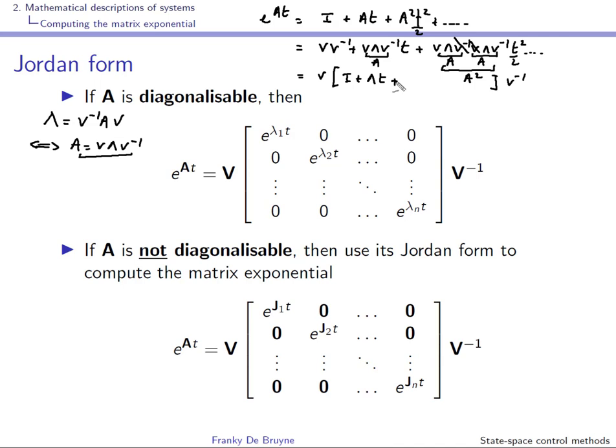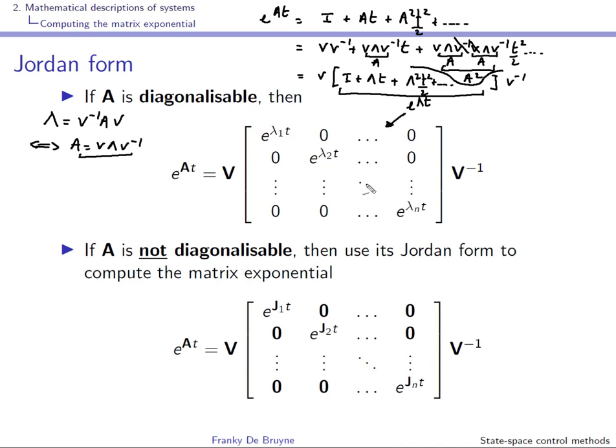The following term will be Lambda squared t squared over 2, etc. And this thing here is the Taylor series decomposition of e to the Lambda t, and this is this thing over here.